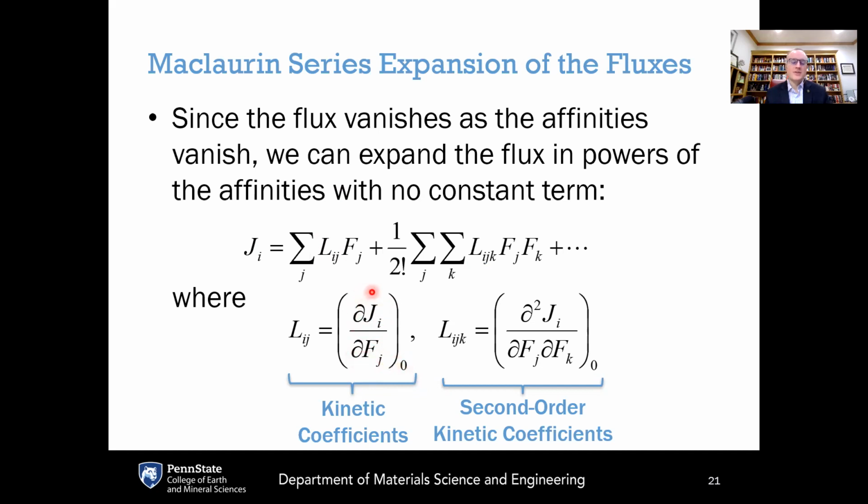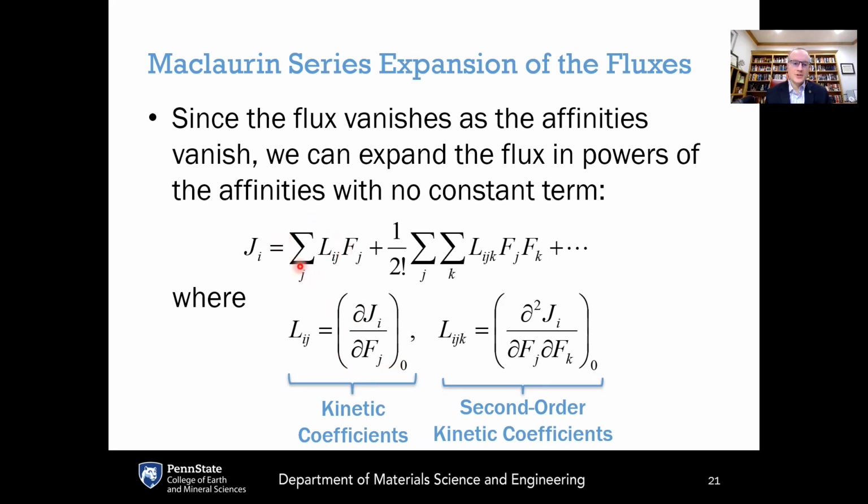So this partial derivative of the flux of I with respect to the affinity of J is L sub ij, and this is what's called a kinetic coefficient. It's telling you how big of an effect the affinity of J has on the flux of I. If there's no effect, then the kinetic coefficient would be zero. The larger the kinetic coefficient, the greater the effect that we have there.